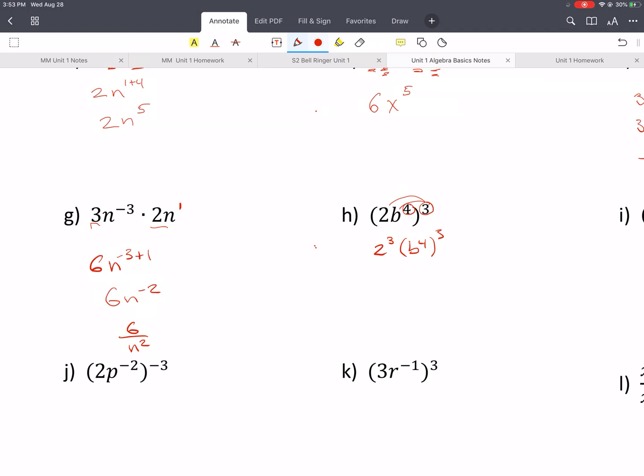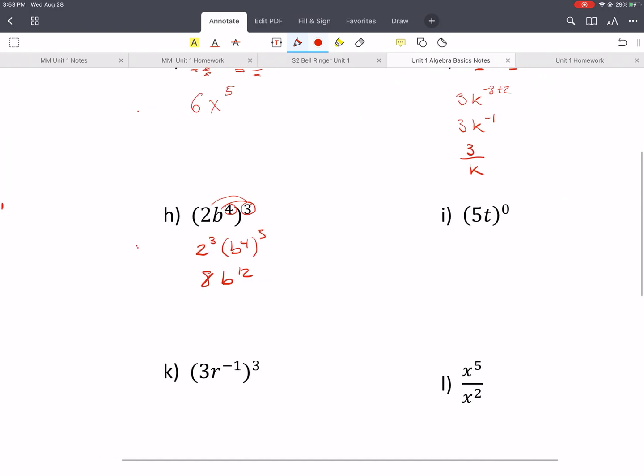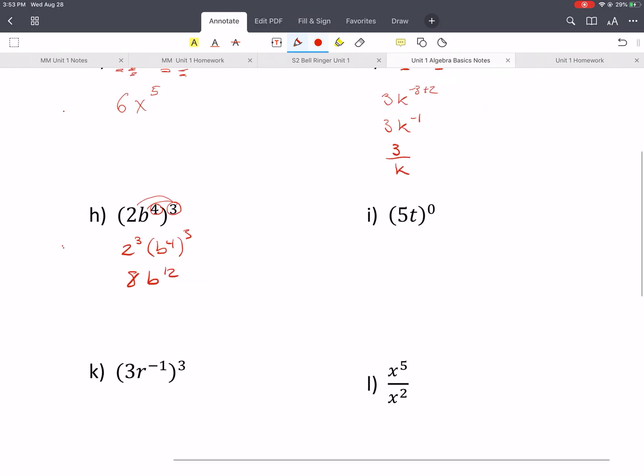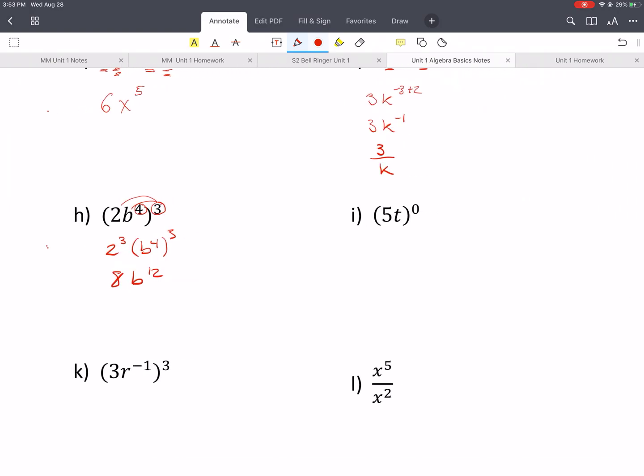We can do that because we're not adding or subtracting anything inside, and that would give us 8b to the 12th, because we multiply the exponents when we have a power inside of a power. Okay, this one, remember, anything underneath an exponent that is 0 is just 1. If you wanted to distribute, you get 5 to the 0, t to the 0. Either way, it's going to be 1 times 1, which is just 1.